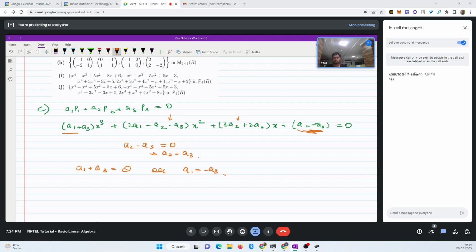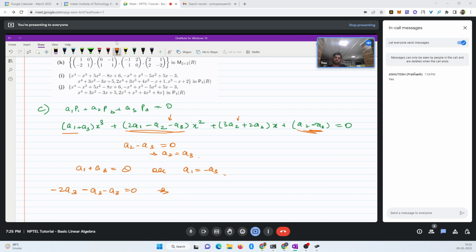Let's put these values in these equations and write everything in terms of a3. So this gives us minus 2a3 minus a3 minus a3 equal to 0.